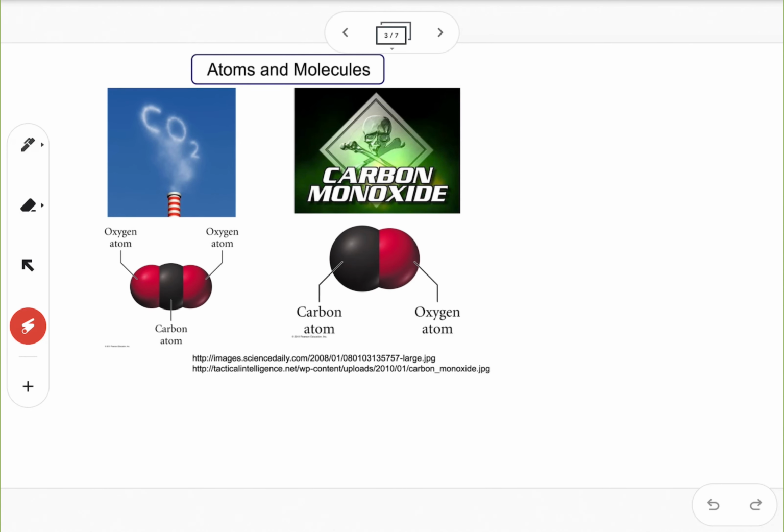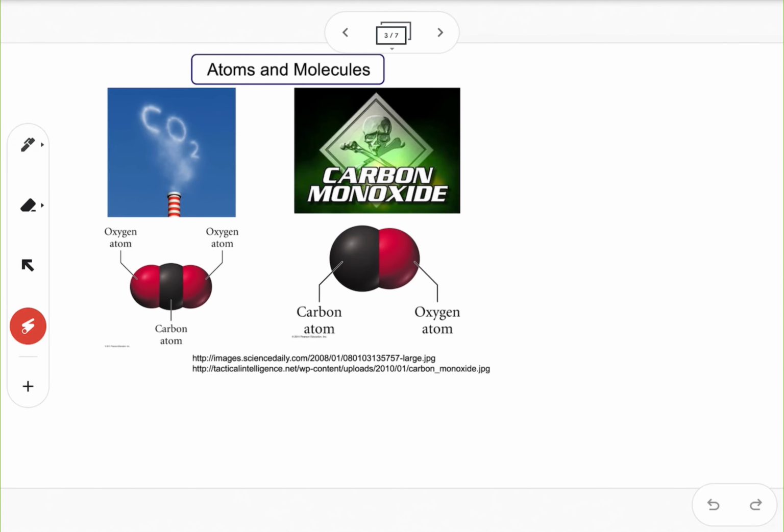And this tiny difference causes totally different chemical properties in those two molecules. For instance, carbon dioxide has no smell, it is very inert and stable, and it is not poisonous. But carbon monoxide is highly poisonous. It can kill you if you are not careful enough.